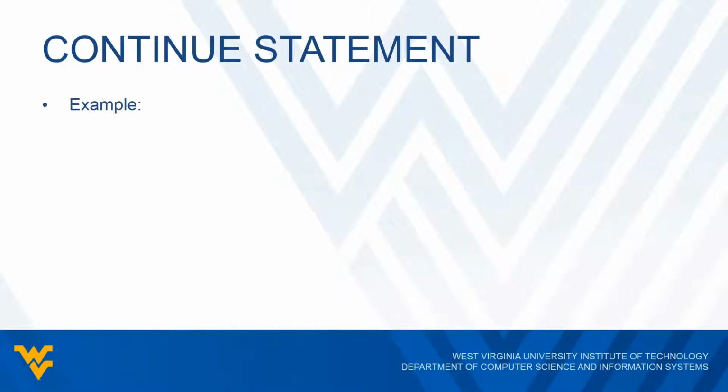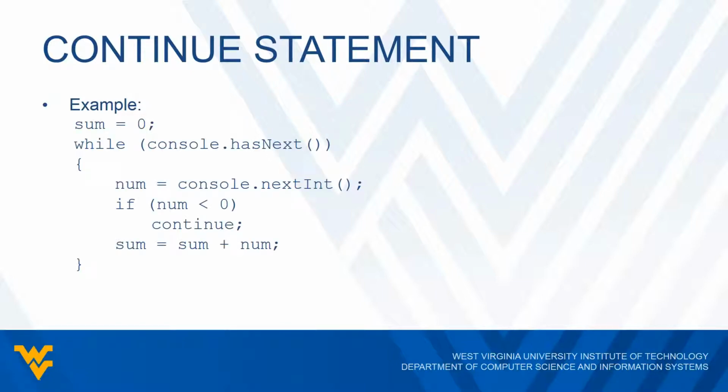So let's use the exact same example from before, but instead of immediately getting out of our loop if we read a negative number, let's just skip that number. Everything in the beginning part stays the same. We have our sum. As long as there's something to read, we will read in something through console.nextInt. The difference now is if num is negative, instead of using a break, we use this continue statement.